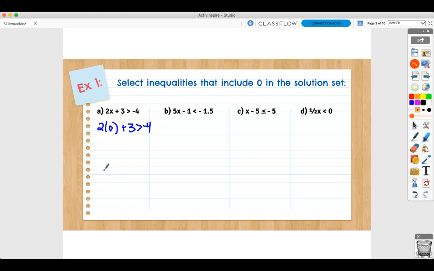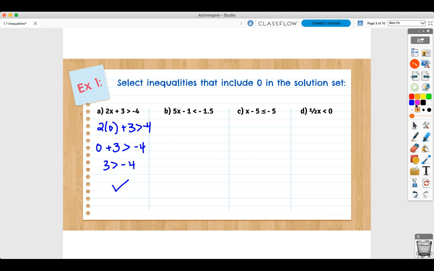Now simplify all of it. 2 times 0 is 0, plus 3, is greater than -4. 3 is greater than -4. So this is a true statement. 0 is a solution to that inequality.